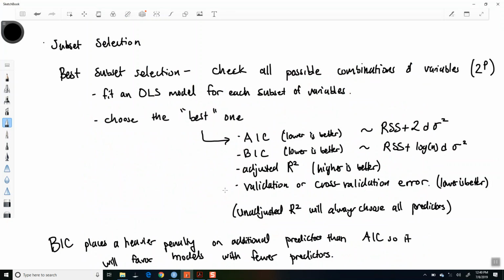And this is probably where things have been shifting towards, as far as machine learning goes. Things have been shifting away from AIC, BIC, and adjusted R squared, and moving towards, let's just use cross-validation error. The model that's going to give me the lowest cross-validation error, that's the one I'm going to use.